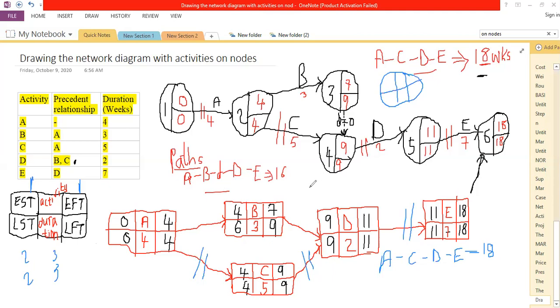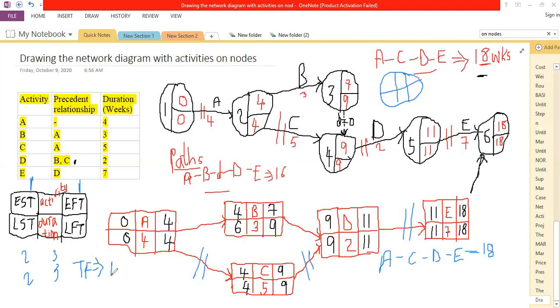Now, from this diagram of ours, having activities on the nodes, is it possible, for example, to determine the total float? I've said this is the most important type of float. The others are not so important, because this is the one we want to see the implication of whenever it comes to the overall completion time of the project. So how do we determine the total float of an activity?